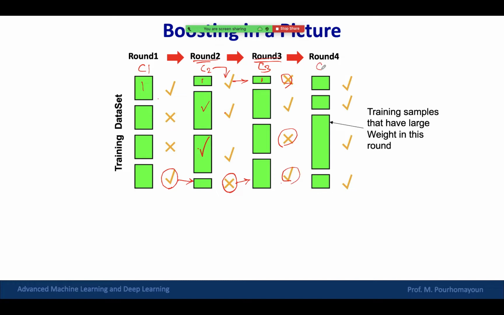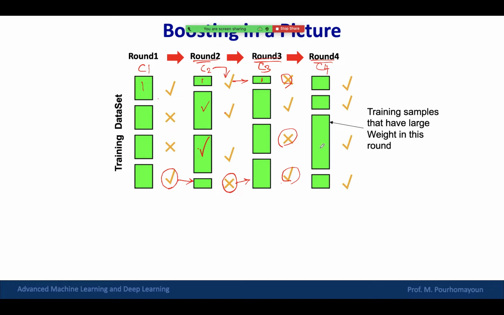We were lucky that the fourth classifier could classify all of the samples correctly. It does not necessarily happen always. Even our last classifier usually misclassifies some of the samples. Usually this is the case, but in this example, just for the sake of visualizing how boosting works, the last classifier classifies everything correctly.